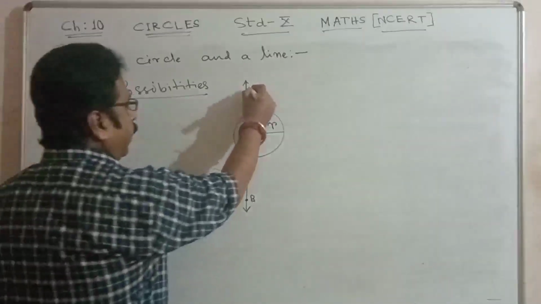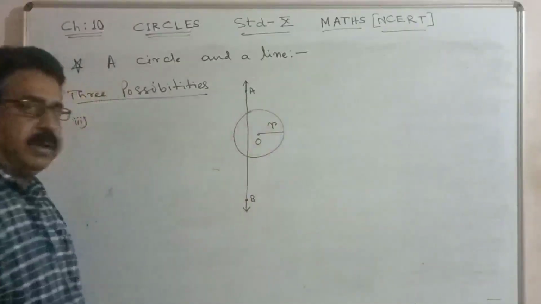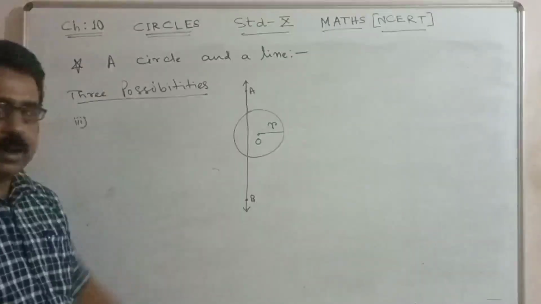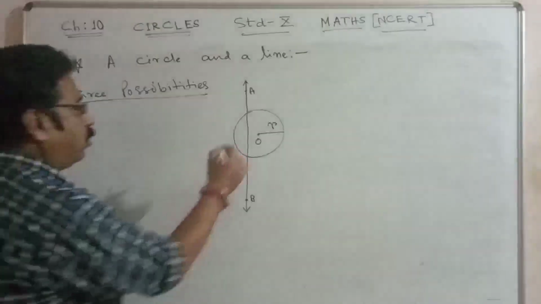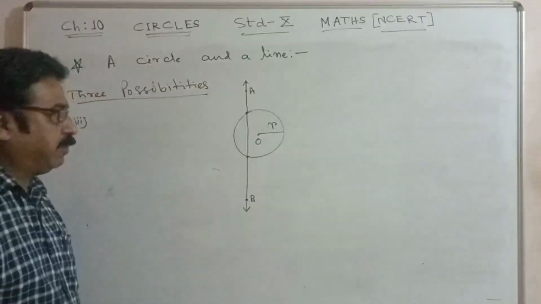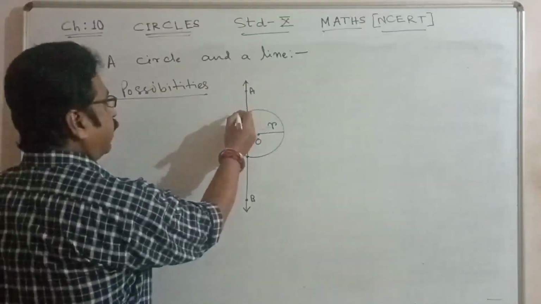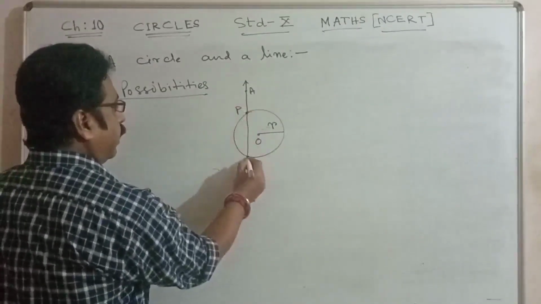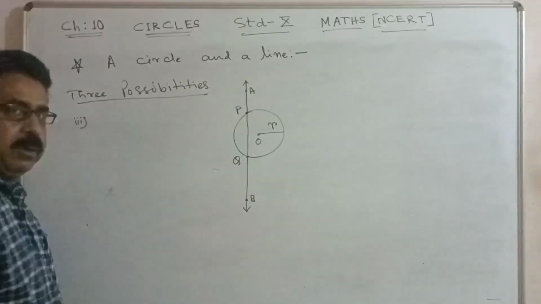This line AB intersects the circle at two distinct points, this point and this point. Suppose this is P, point P, this is point Q.